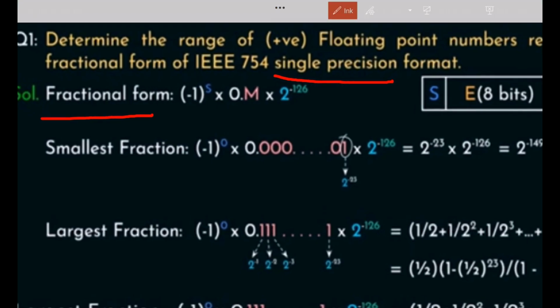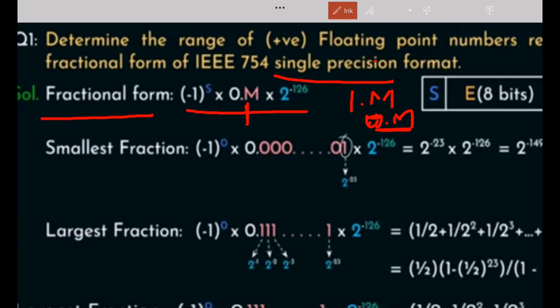The question is coming, why are we writing this minus 126? Now see here, I already told, if you are writing the fractional form, I am not writing the number, I am not writing 1.m. I want only fractional. So in this condition I will use the implicit form 0.m.